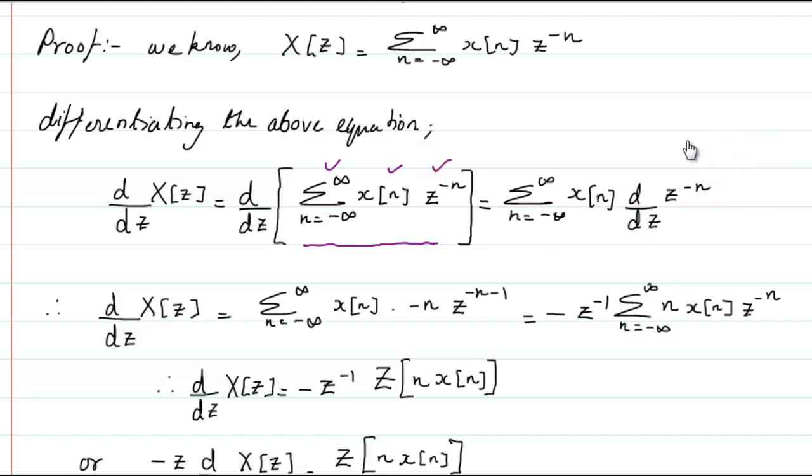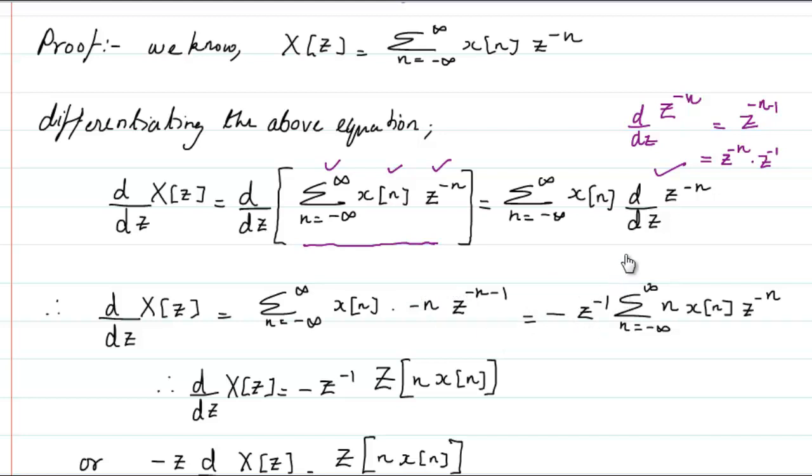So the differentiation will only apply to that factor, and we know that z raised to power minus n, if I differentiate with respect to z, is as good as writing minus n z raised to power minus n minus 1, correct?